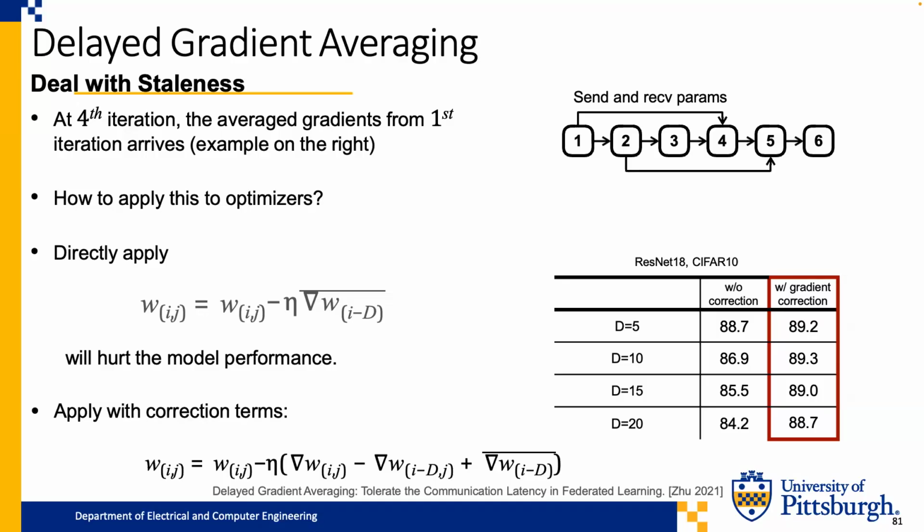What does that mean? The idea behind this is that the gradient from these steps earlier is over there, and I'm adding my newest minus my old gradient.